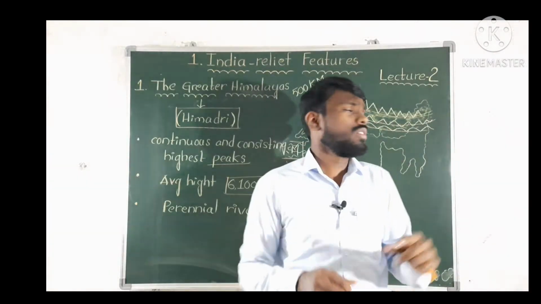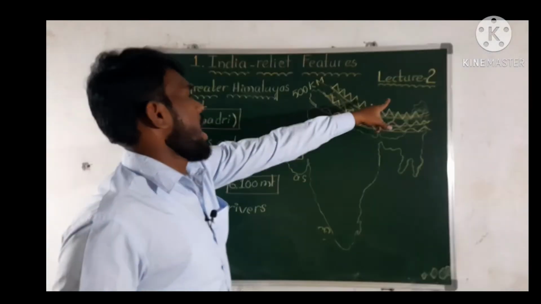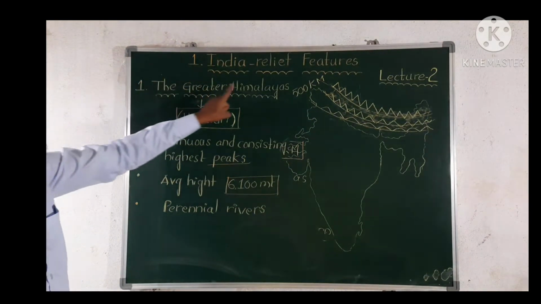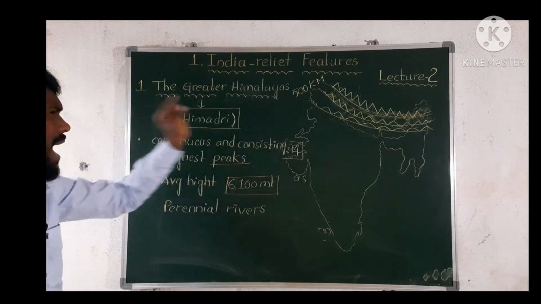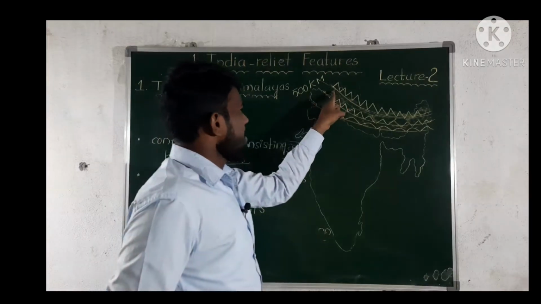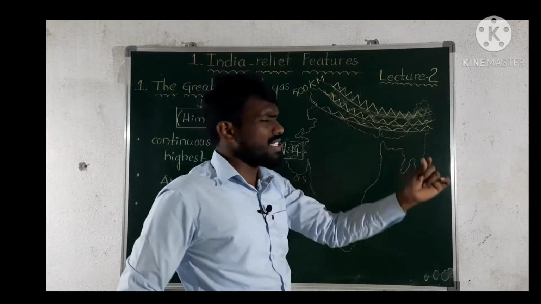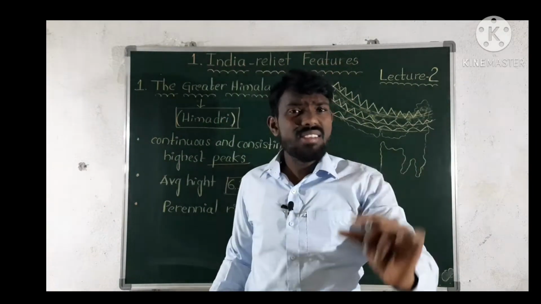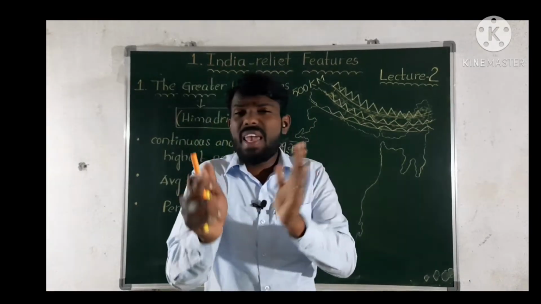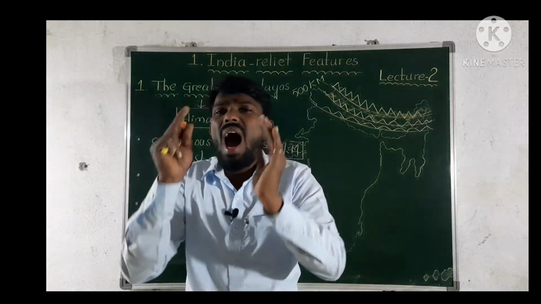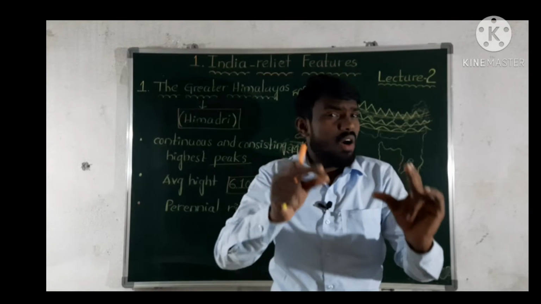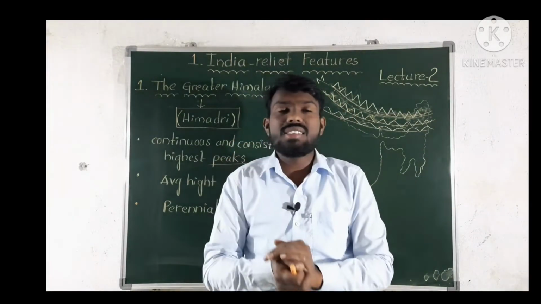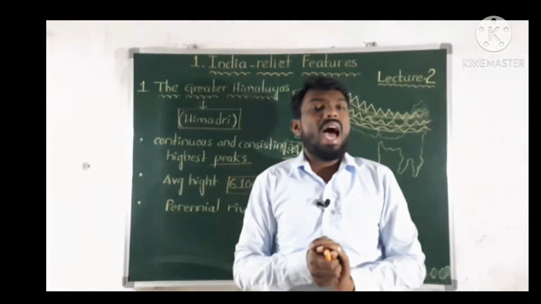So this is all about the Greater Himalayas. The Greater Himalayas, also called Himadri, are continuous and consist of the highest peaks. The average height of this range is 6,100 meters, and we can find glaciers here.